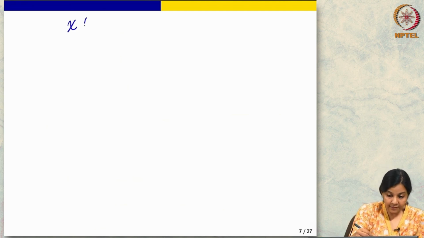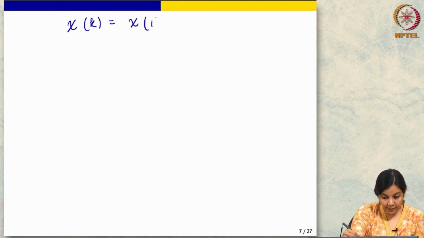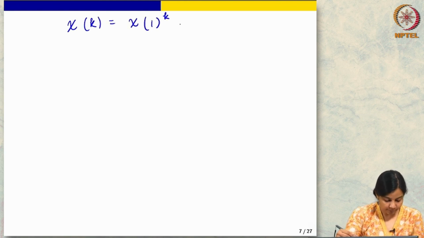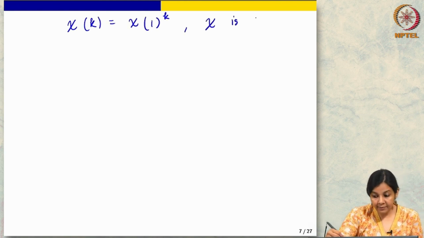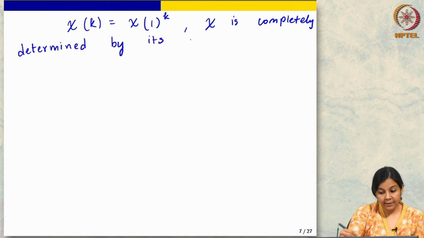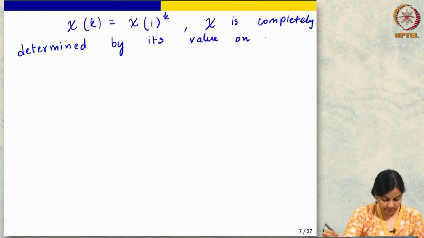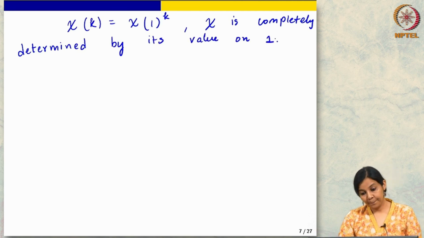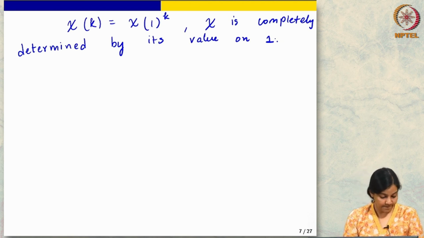And since chi of k is chi of 1 to the k, we have that chi is completely determined by its value on 1. Okay. So now we know that chi of 1 is an nth root of unity, right.